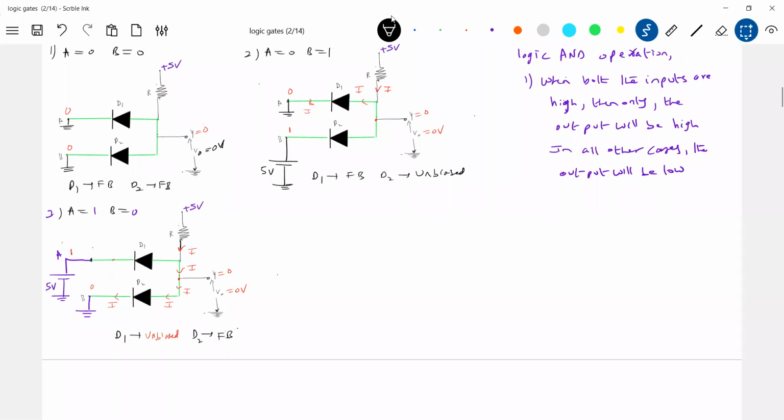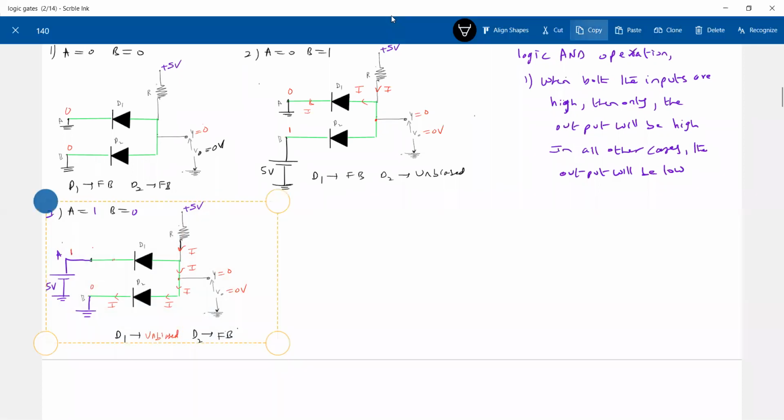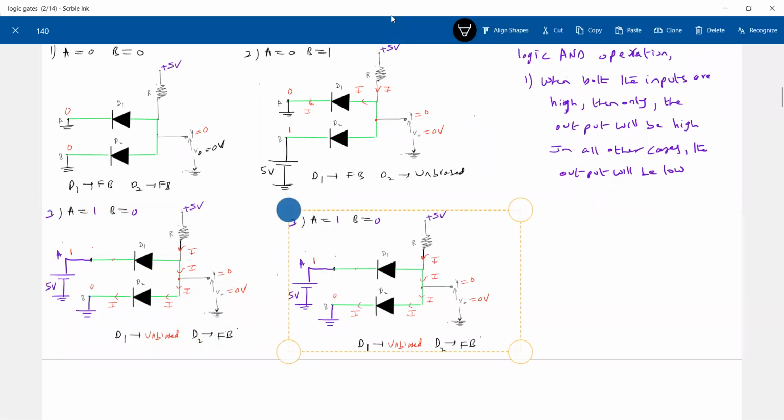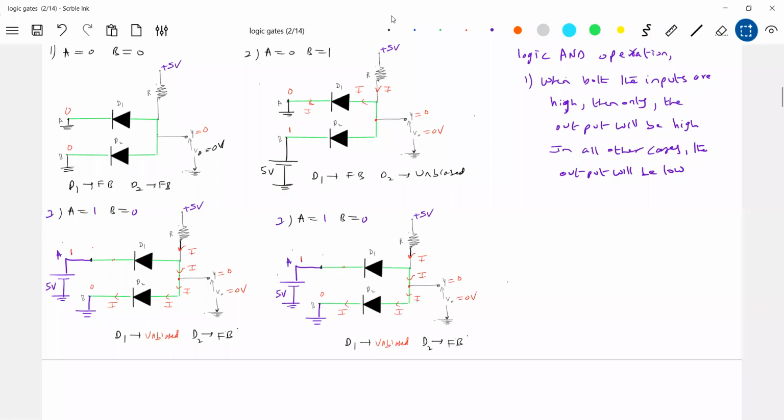Okay, the last case. Only I think this circuit will trouble you. Rest of everything you can enjoy.